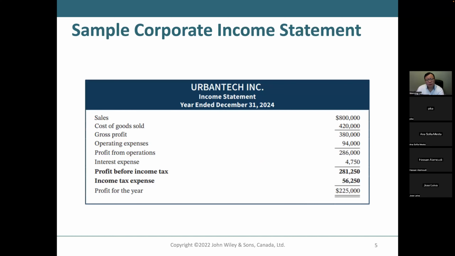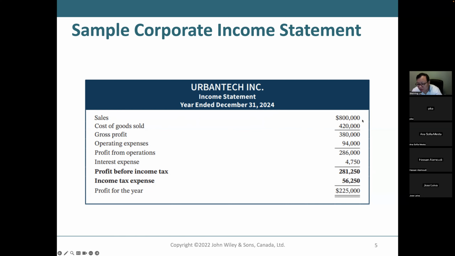So in this example, the name of the corporation is Urban Tech Inc. The title of the document is Income Statement. This is for the year ended December 31st, 2024. And you can see that this is a multiple-step income statement because you can see gross profit, right?